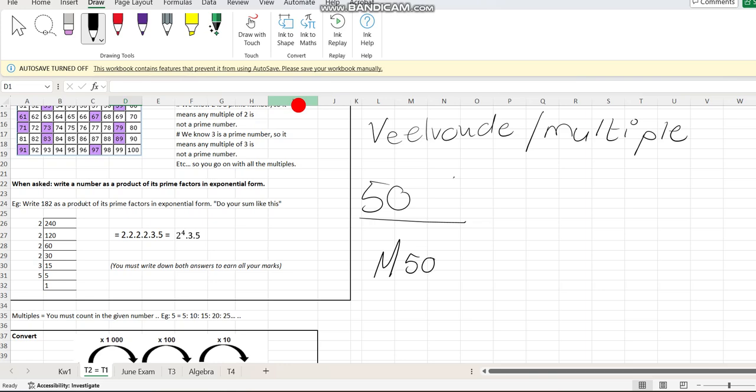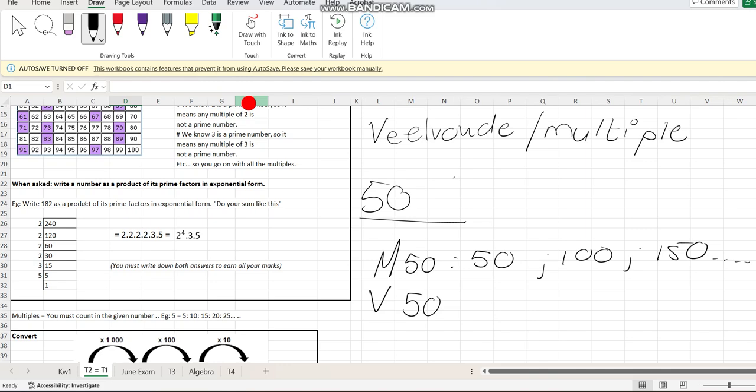Multiples of 50, or in Afrikaans veelvoudig van 50. And then it's going to be 50, 100, 150. You normally give about 6 of them. Multiple, veelvoudig, beteken you times in that, right? You count in it. So it's 50 times 1, 50 times 2, 50 times 3. That's basically, you count in 50s.